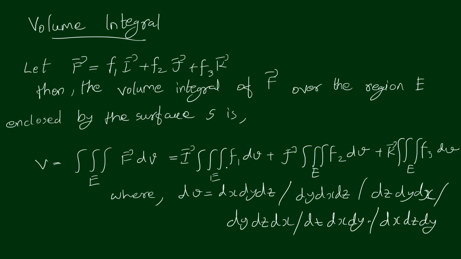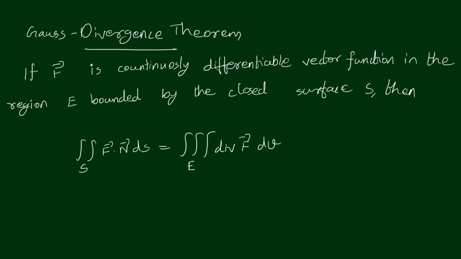Now we'll move to the theorem, that is Gauss-divergence theorem. The theorem says that if vector F is a continuously differentiable vector function in the region E, and the region is bounded by the closed surface S, then the Gauss-divergence theorem tells the relation connecting double integral and triple integral.